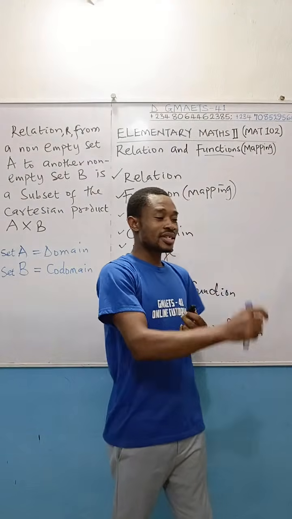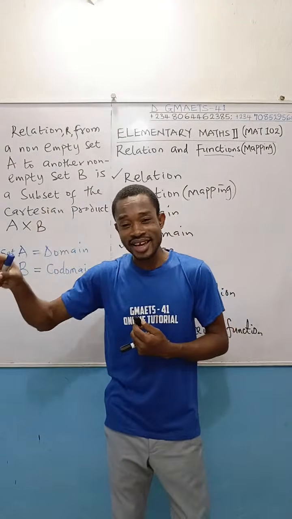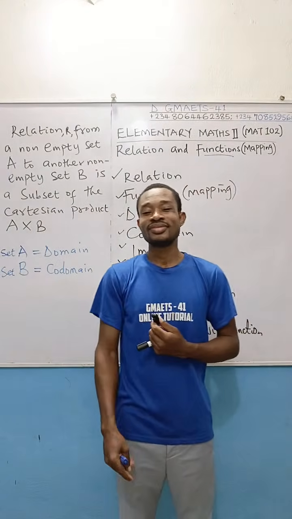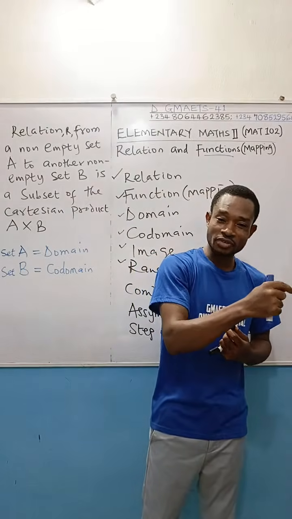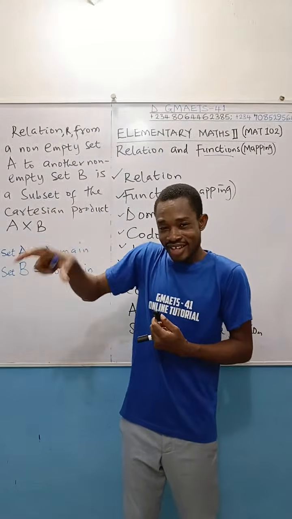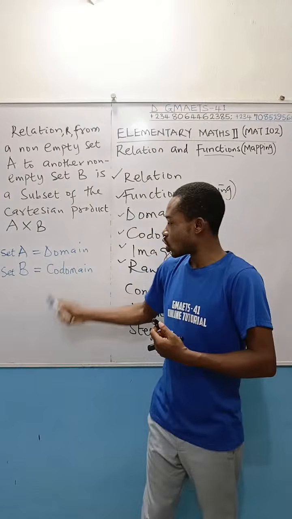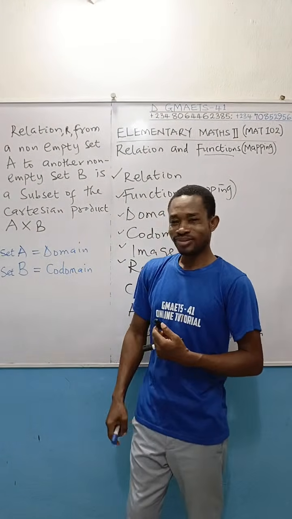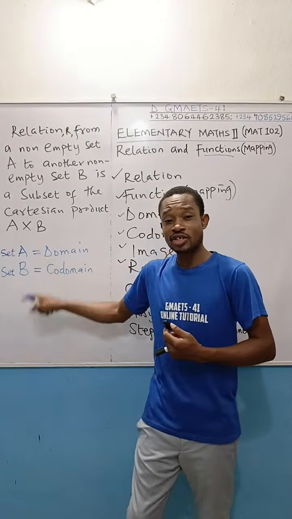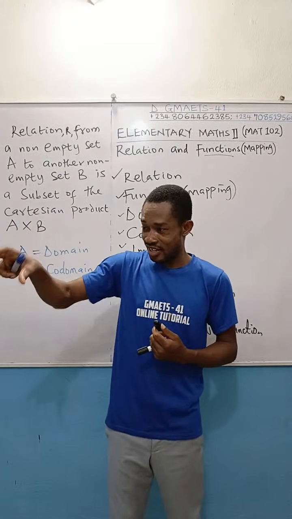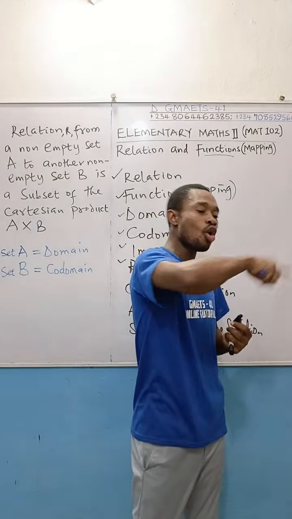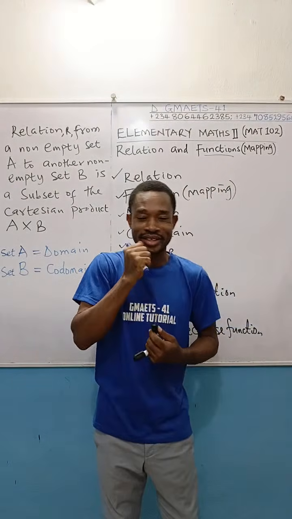Now, those elements in set B that the elements in A produce, we have a name we give to them. Set A alone is called domain. Set B as a whole is called codomain.